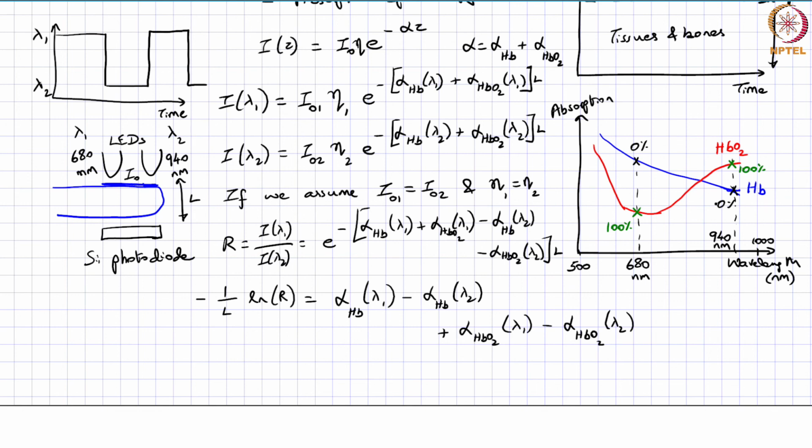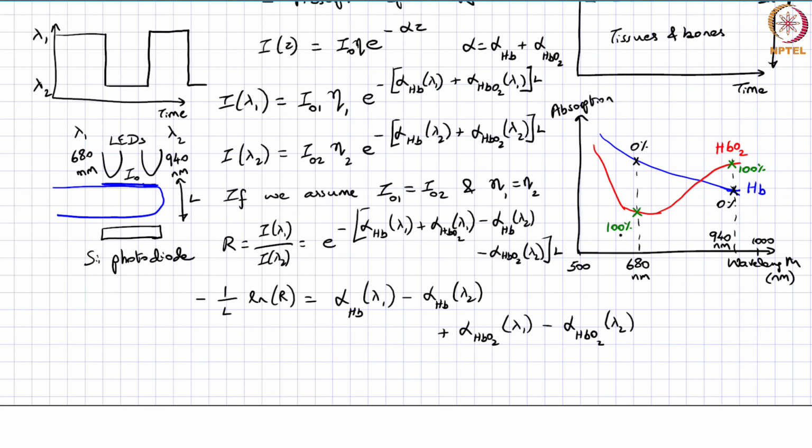And you can clearly see that you are prone to noise, right. So this value might fluctuate around something. The intensity will fluctuate around here. So this intensity will also fluctuate, and then correspondingly the ratio will fluctuate.